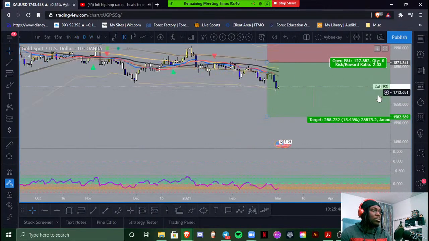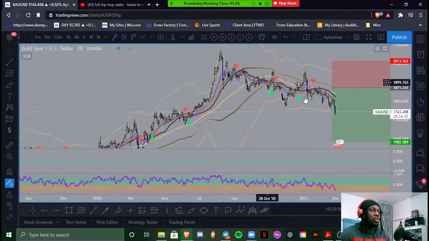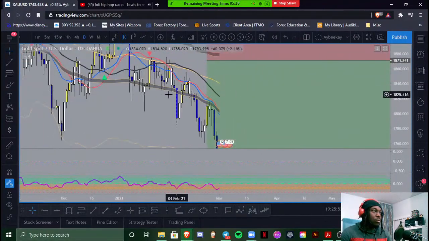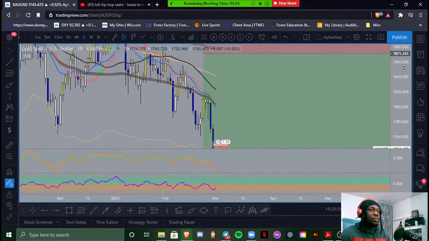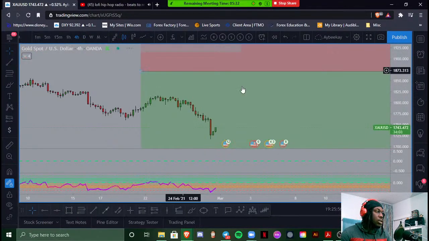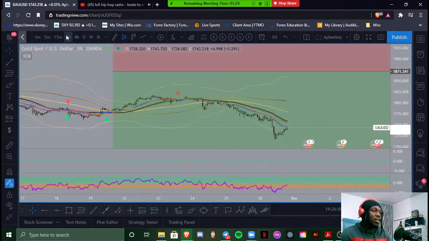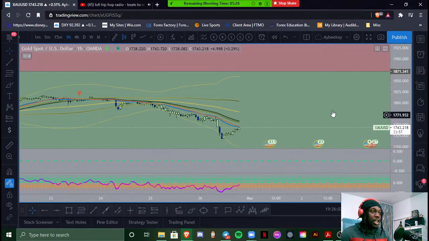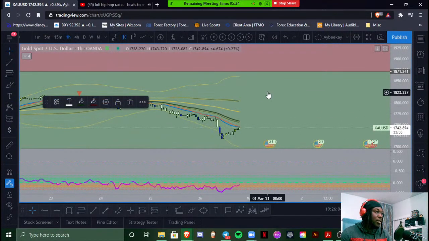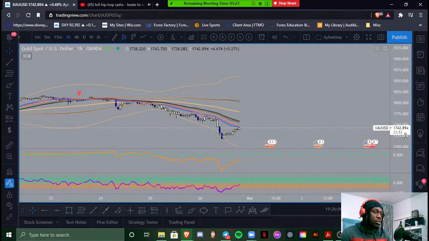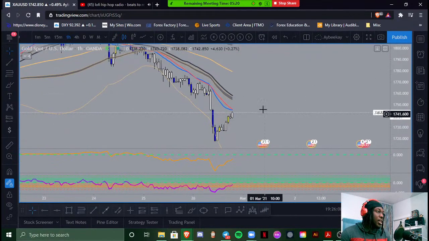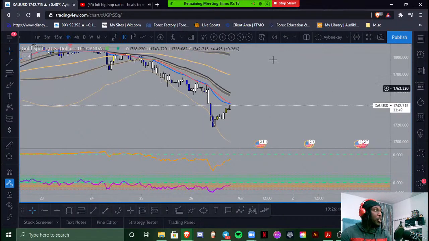Daily time frame, absolutely been bearish since up here. I don't like how the arbitrage looks on any of these. The hour time frame could definitely play out, but I'm not really looking for it.